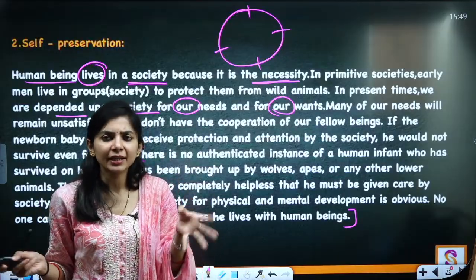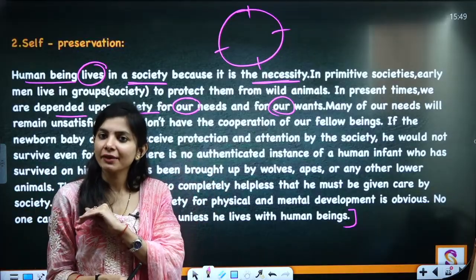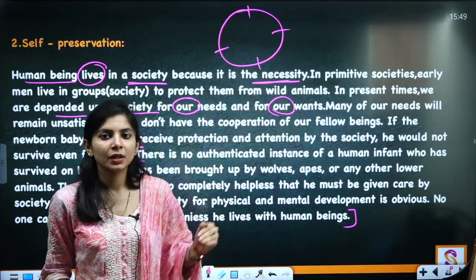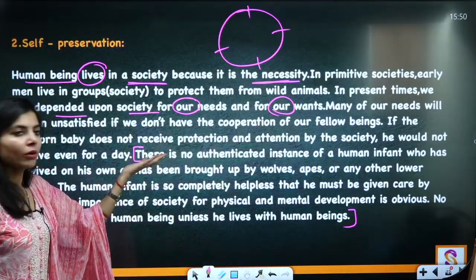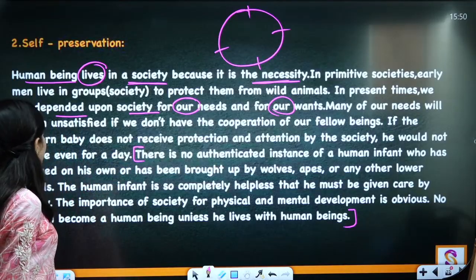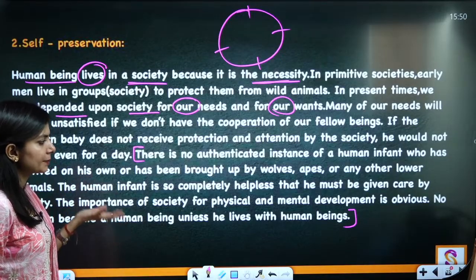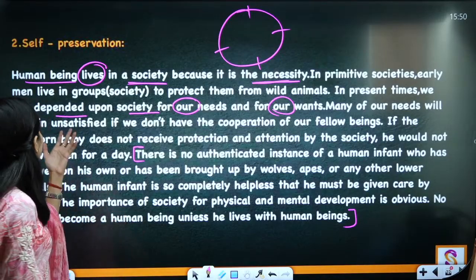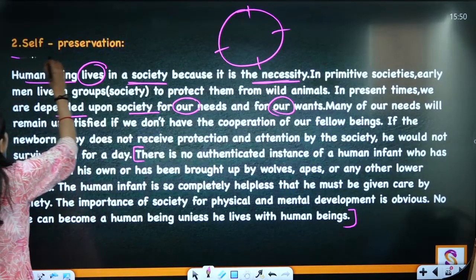This is something we have in fantasy, but in the actual sense we do not have any such example. There are no authenticated instances referring to a human infant having survived on their own and being brought up by wolves, by apes or someone. Fine. So this is what we specified related to self-preservation.